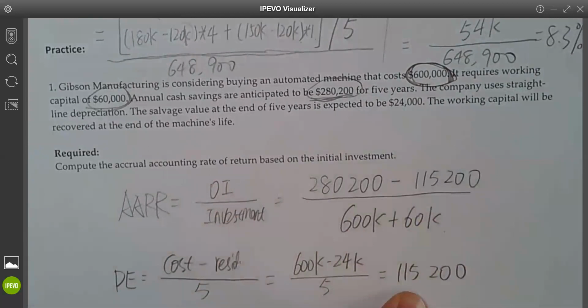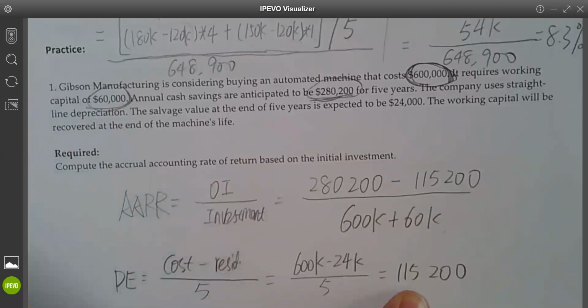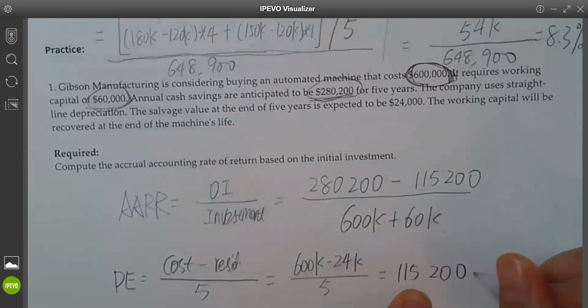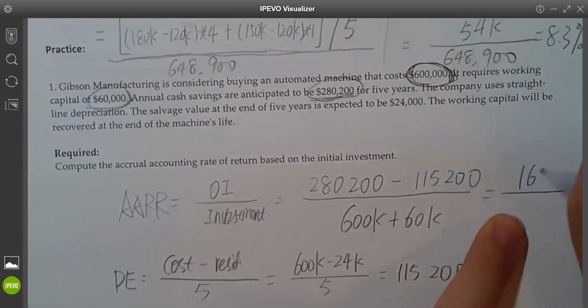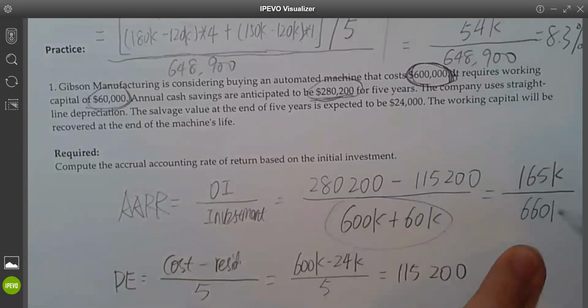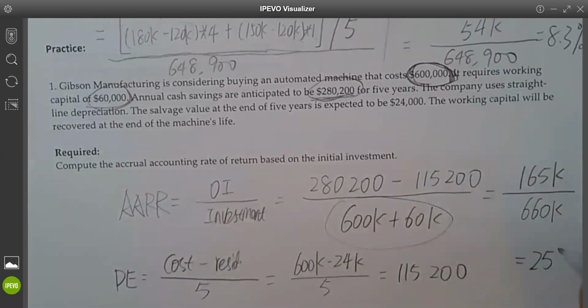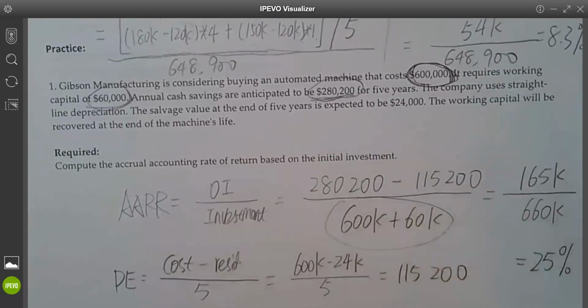So I get my numerator: 280,200 minus 115,200, I get 165,000, divided by 660,000. I got 25%.